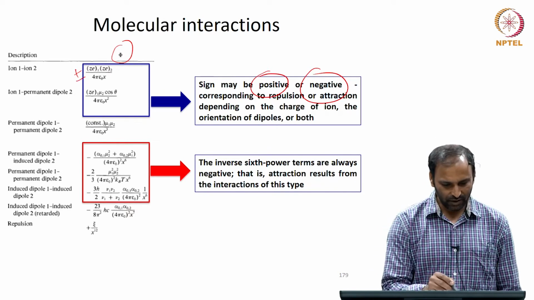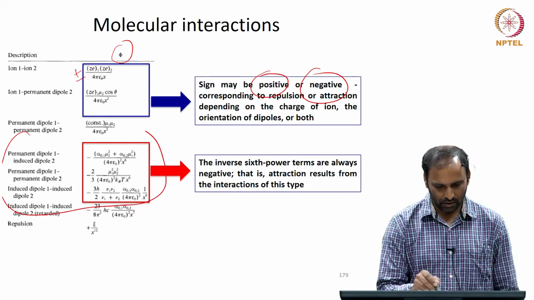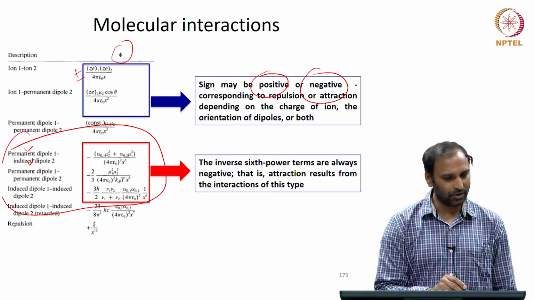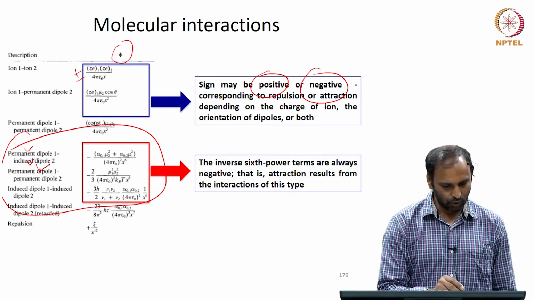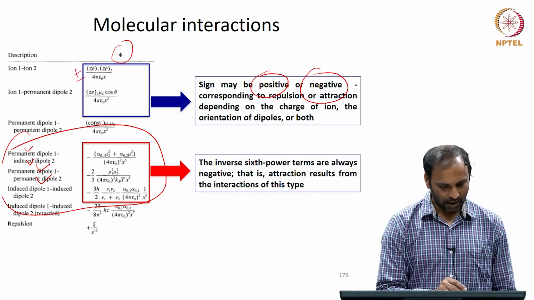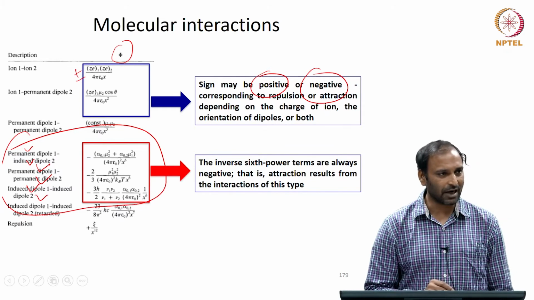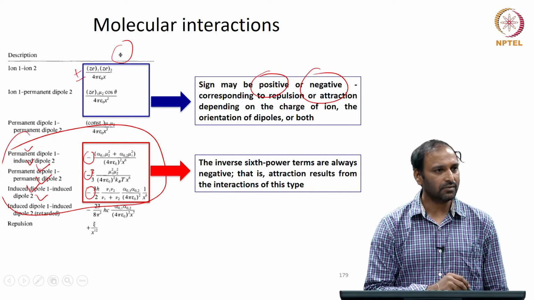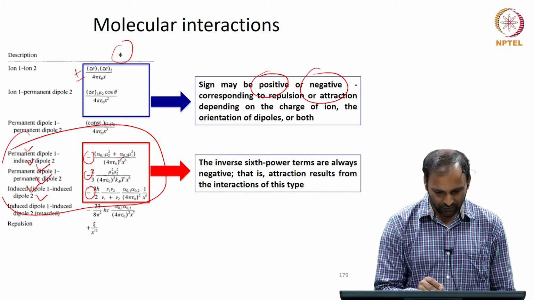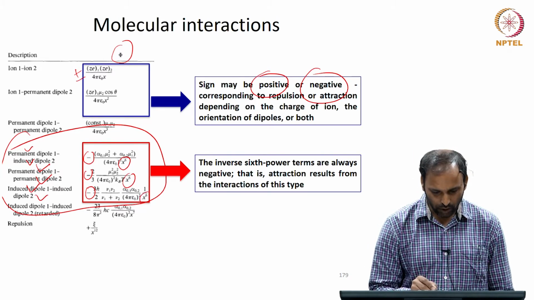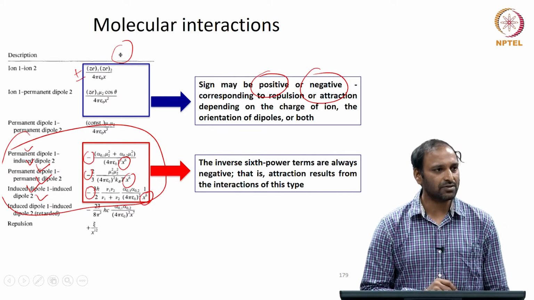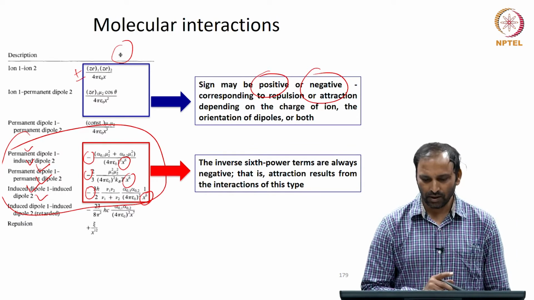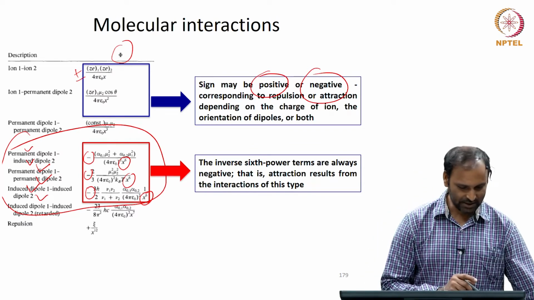However, there are a few entries marked here, the permanent dipole induced dipole interaction, the permanent dipole interactions and the induced dipole interactions. They are always attractive, and all of them have 1 over x power 6 dependence.